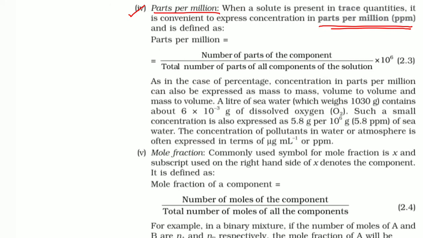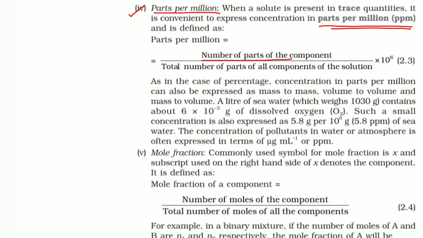So if you increase the amount of solution into millions, that means 10 to the power 6 terms, then the amount of solute will also become considerable. That means we can have a significant amount of solute in a very huge amount of solution.